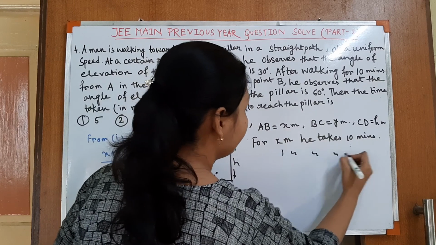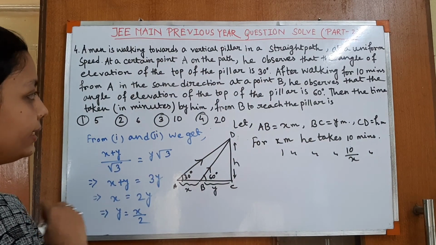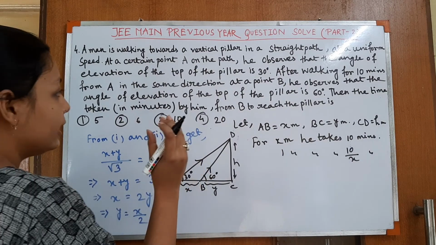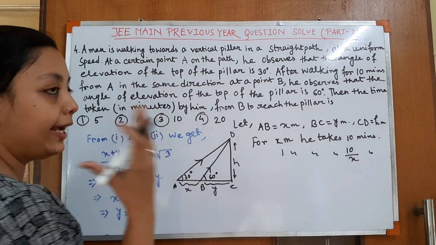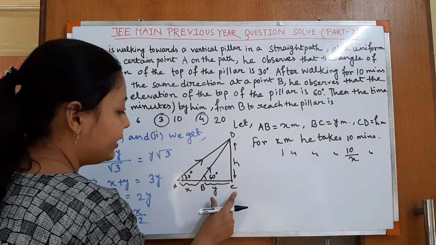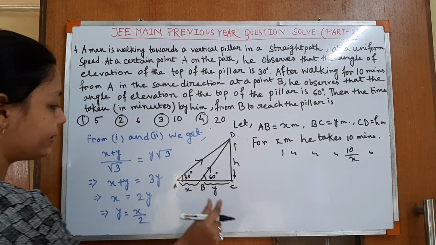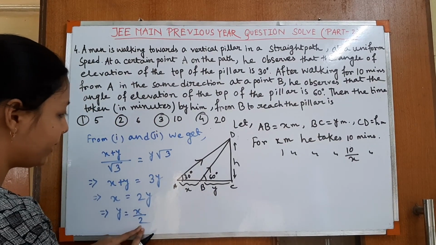For 1 meter, he takes 10 by x minutes, and we have to find the time taken by the person to cover from B to C. And here the distance from B to C is y, and the relation between x and y is y equal to x by 2.